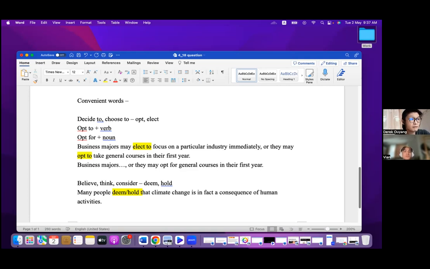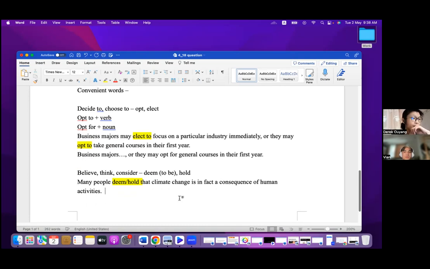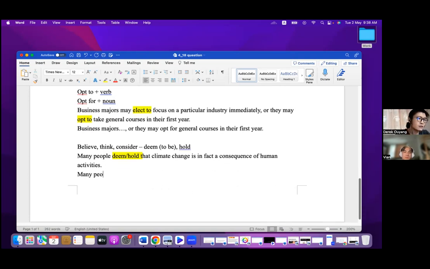Understand? Now, deem, you can also say deem something to be something else. So, for example, the same sentence, I can also say many people deem climate change to be a consequence of human activities. That's fine too.